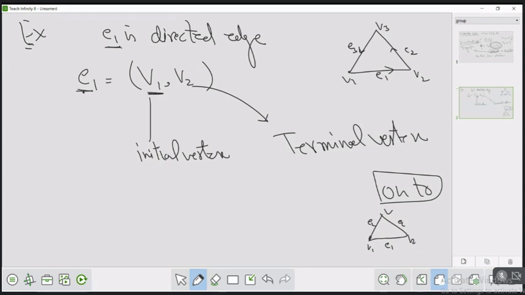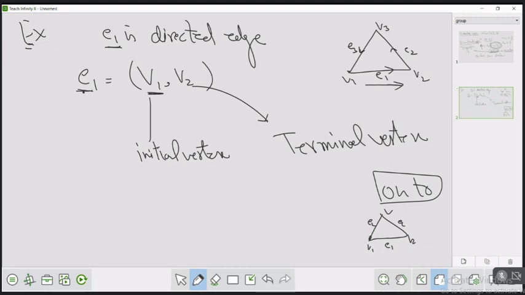We just use the word onto in an undirected graph. But in the directed graph, the direction of this edge is in this way.